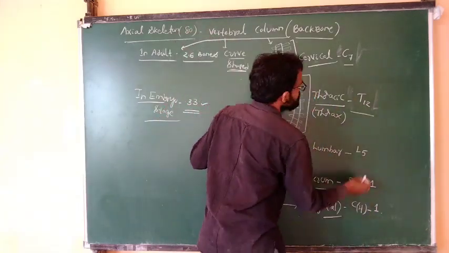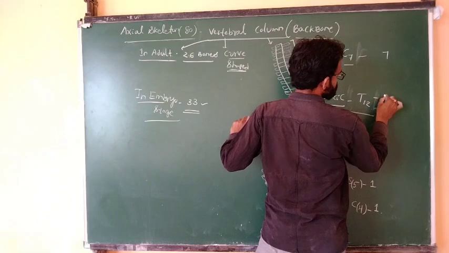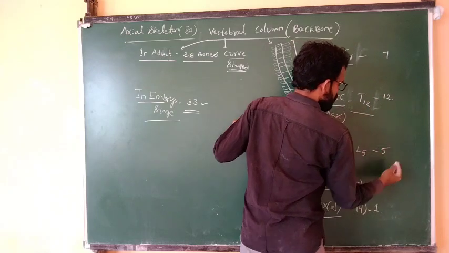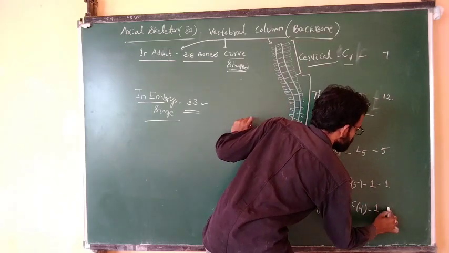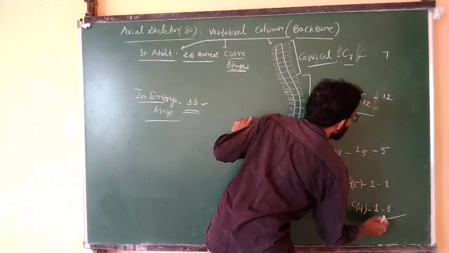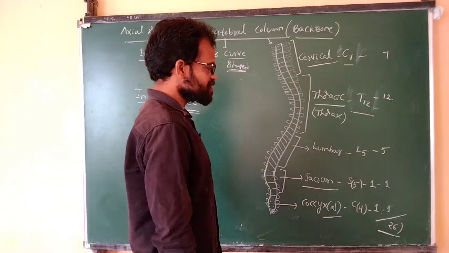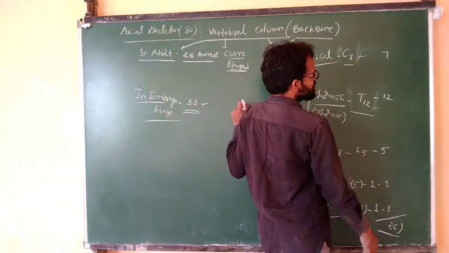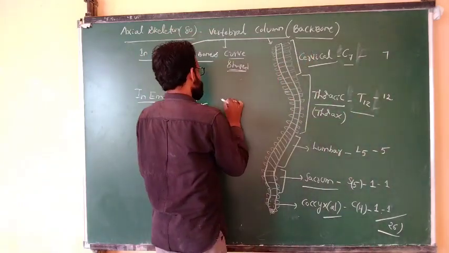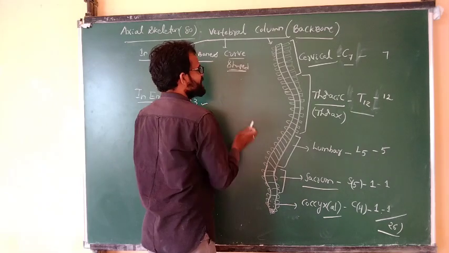The total bones here: 7, 12, 5, 1, 1, which is 26 bones.